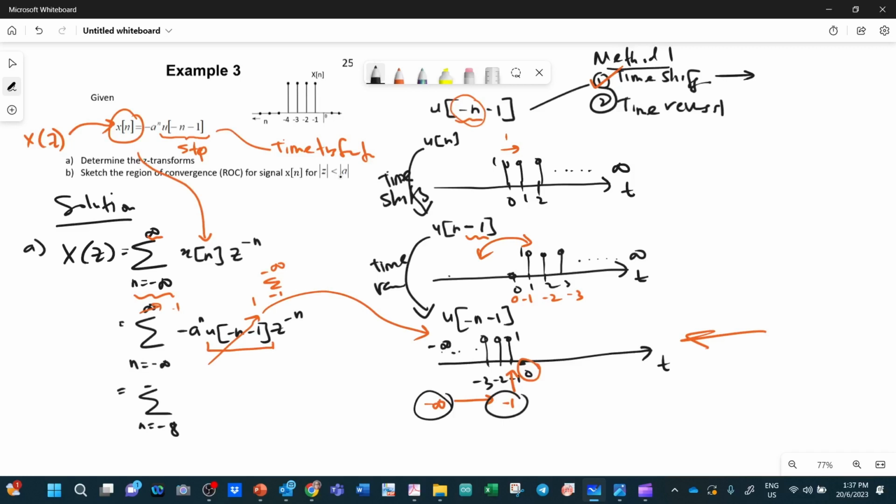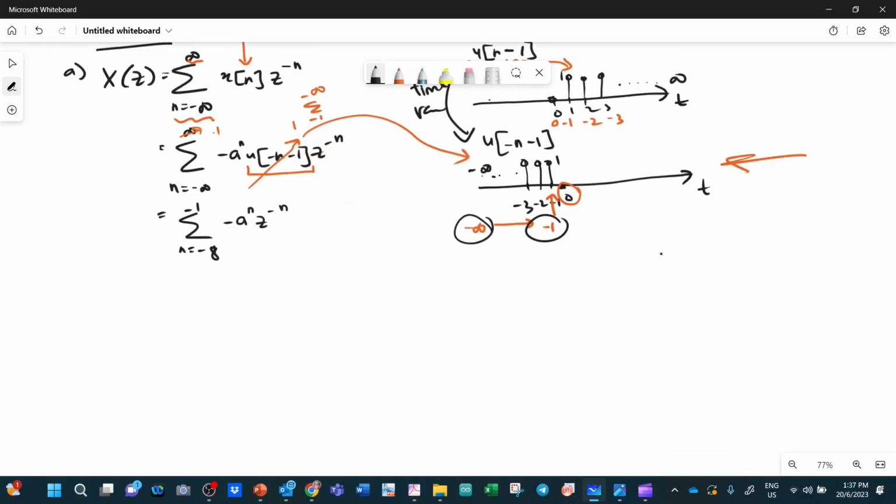You have the value a^n, and the amplitude is equal to 1. So z^(-n). If you rewrite this equation again, you will have the summation from minus infinity until minus 1 of minus (a z^(-1))^n.